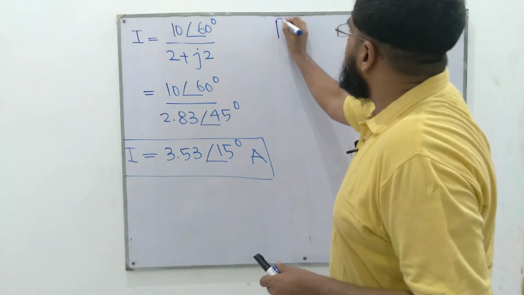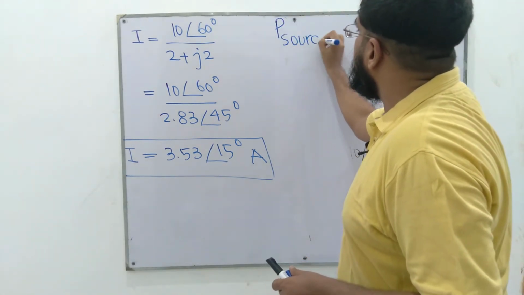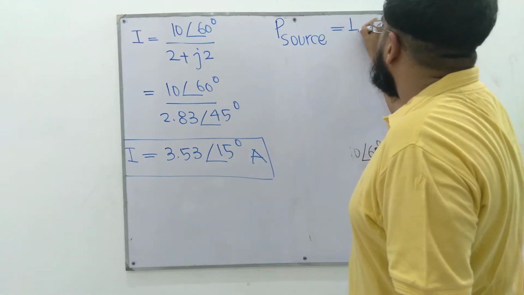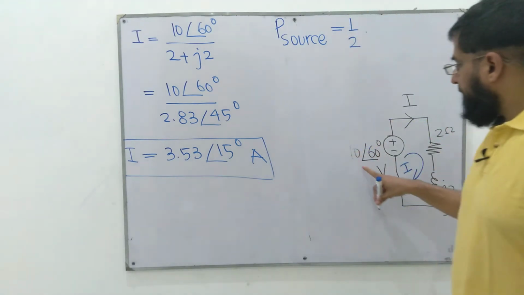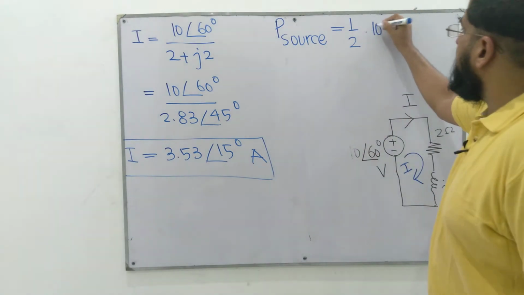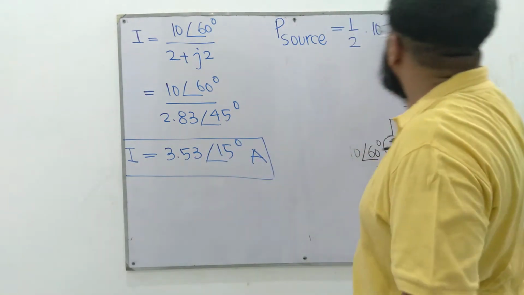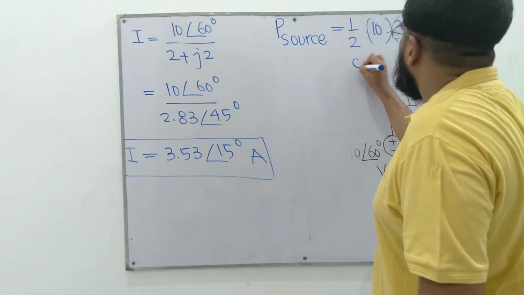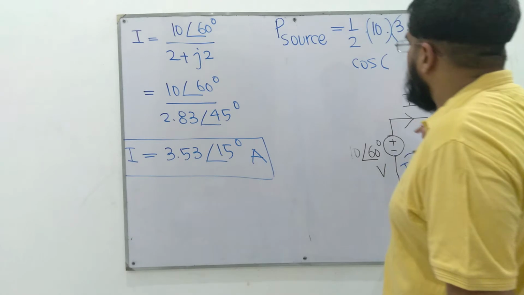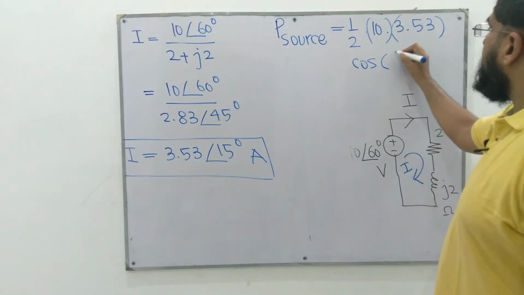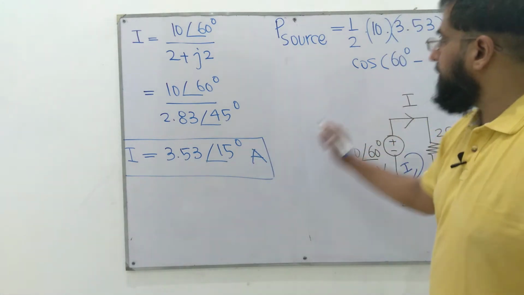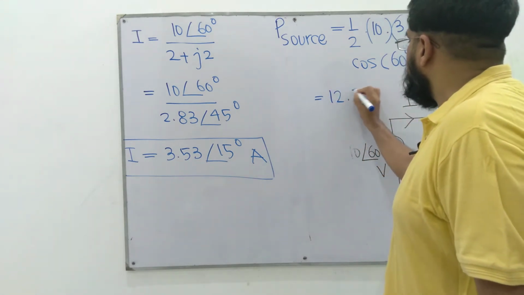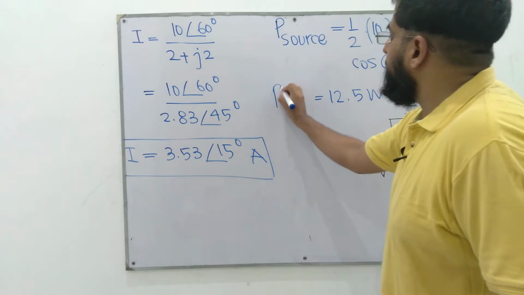The power generated in the source is 1/2 times the magnitude 10, times the magnitude of current 3.53, times the cos of the angle between V and I, 60 minus the angle of current, 15. So the answer is 12.5 watts.